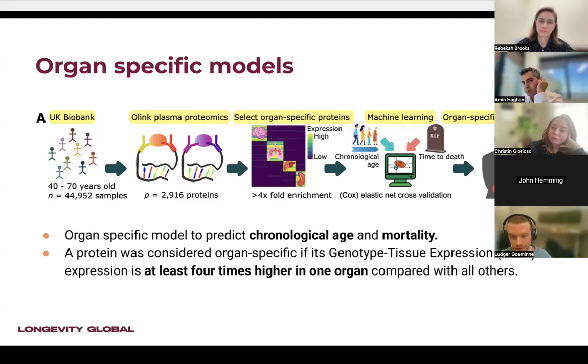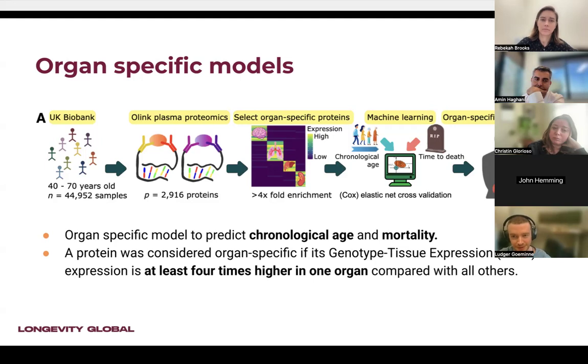I didn't go too much in depth, when I did the analysis, into different methods of defining organ specificity, because it's a bit arbitrary, of course. But the second author on my paper, Anastasia, also worked a little bit on this, and she looked at many different ways of defining organ specificity, also based on proteomics. Surprisingly, this 4x enrichment worked quite well if you wanted to predict organ-specific diseases. Actually, this approach was one of the best, or maybe even the best.